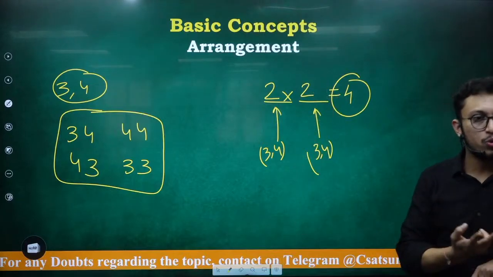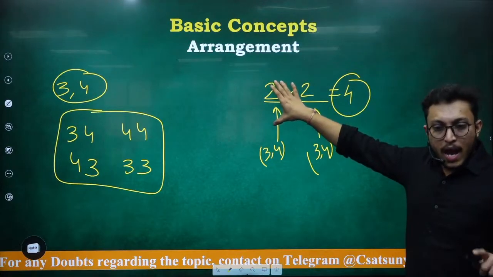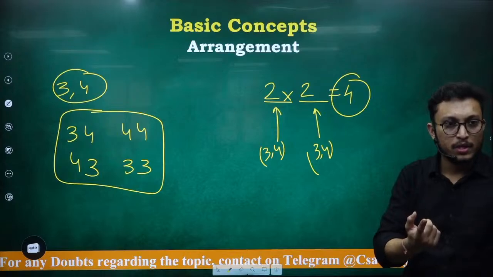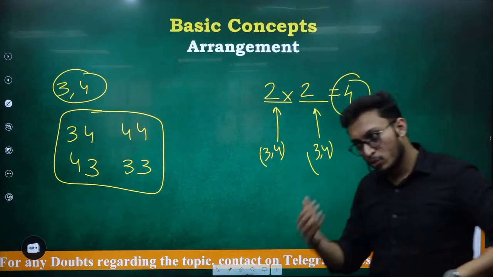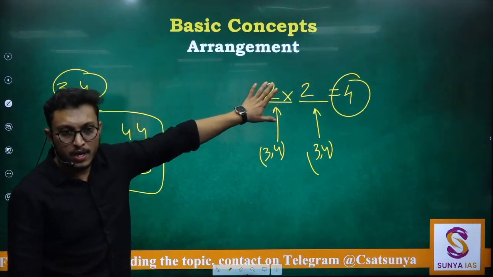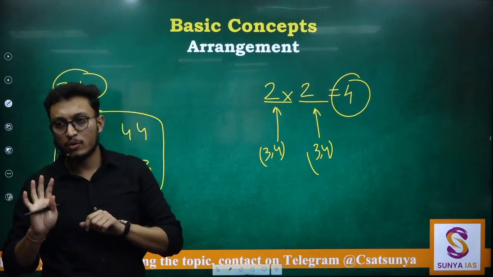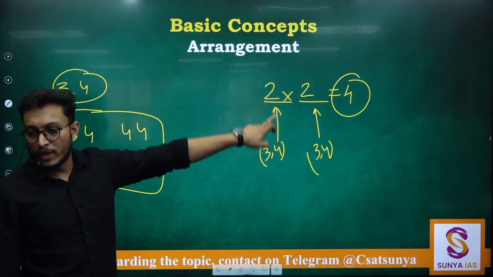I need to perform 2 events. I need to fill a number here and I need to fill a number here. Why am I saying and? If I'm supposed to fill only one number, it will be a single-digit number. I'm supposed to make a 2-digit number. So I need to fill a number here and I need to fill a number here. And आ गया मतलब multiply होगा. Is this clear? Now how many options do I have to fill here?